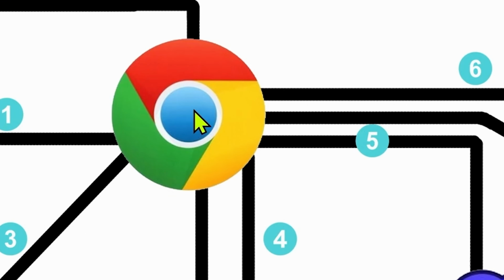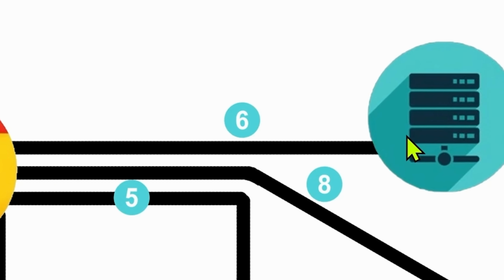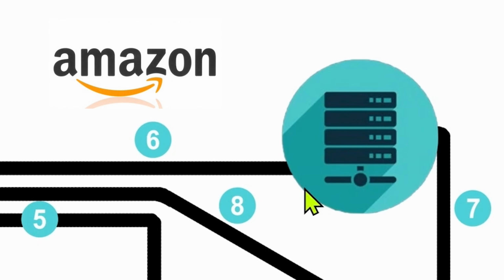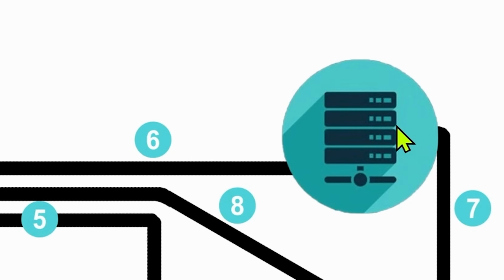So in the next step, the browser sends a request to the server. Here, as we are searching for Amazon.com, the browser sends a request to the Amazon server of getting the web page. Behind the server, there are also so many complex levels of tasks happening.